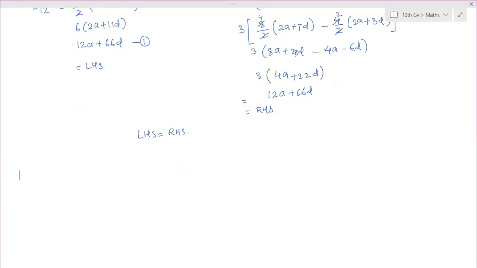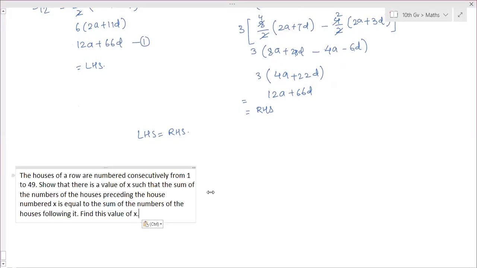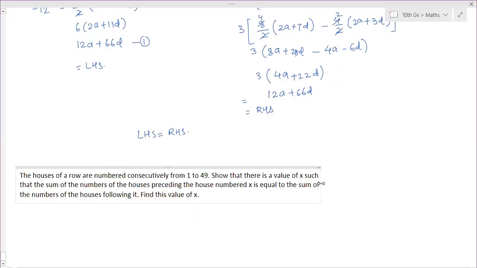The next NCERT question. Now this is a very important question and a brainstorming question. First read the question.